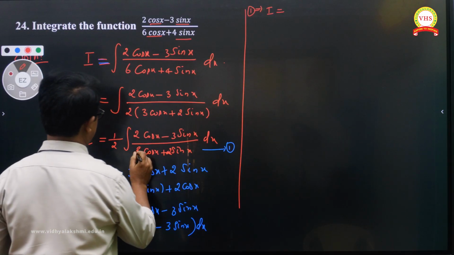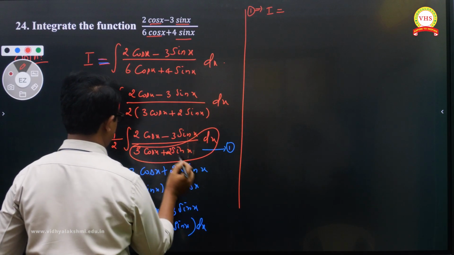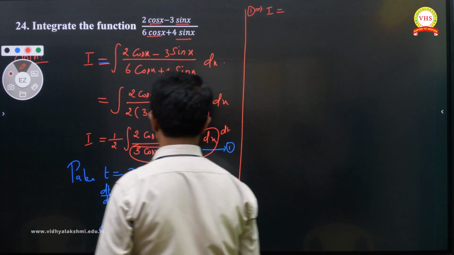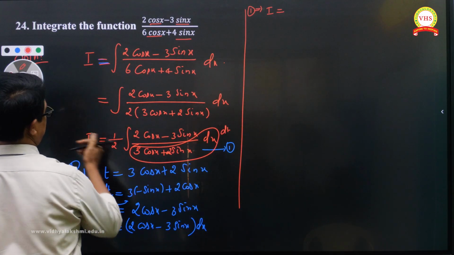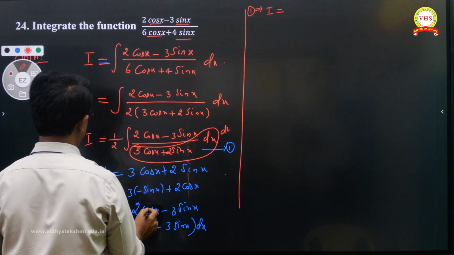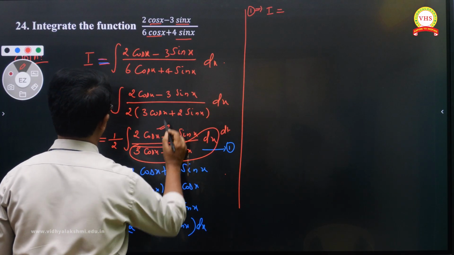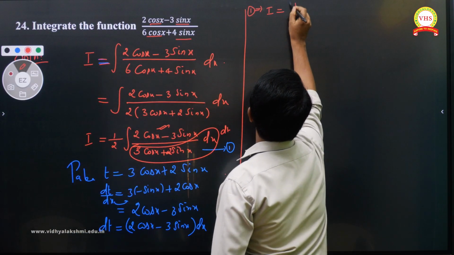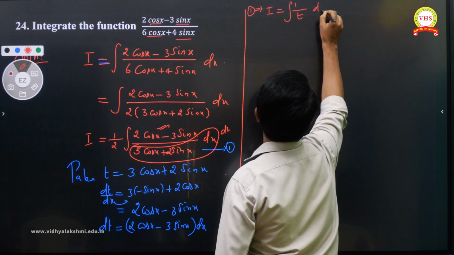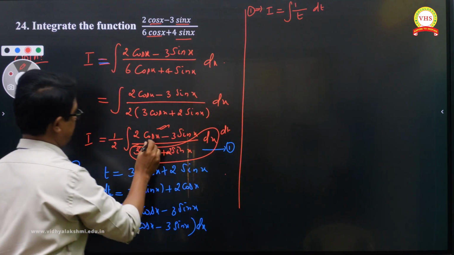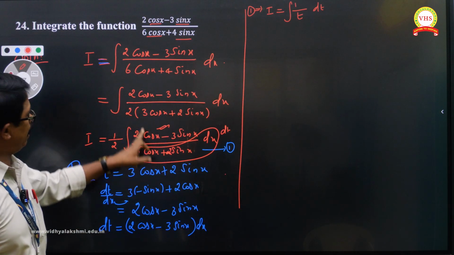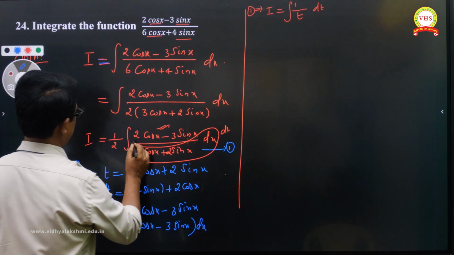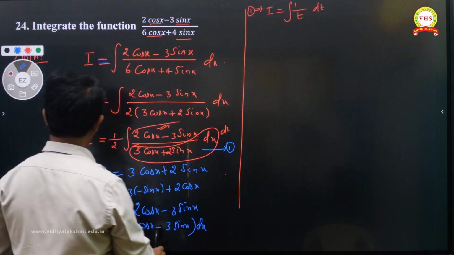The numerator with dx becomes dt. Sorry, only the numerator becomes dt. That is I equals the integral of 1 by t into dt. Sorry for that, I marked the denominator here, but t is in the denominator. Okay, we assigned t as the denominator, and the numerator as dt.